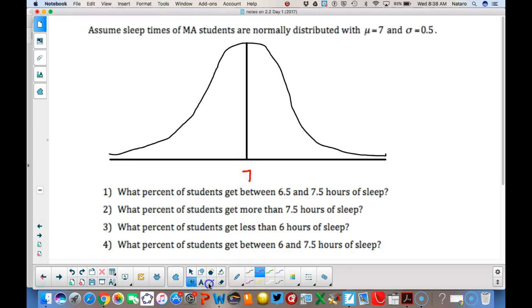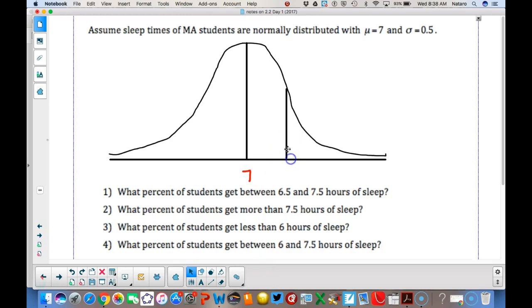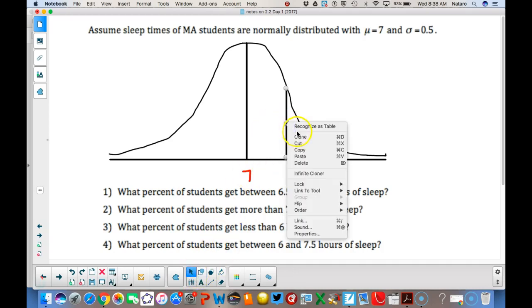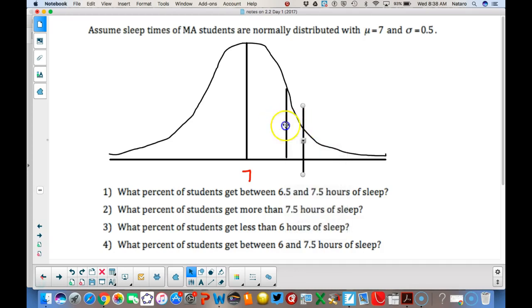And then we will go one standard deviation on either side of the mean. So about here we'll have 1 standard deviation to the right, and then over here, we'll have 1 standard deviation to the left.